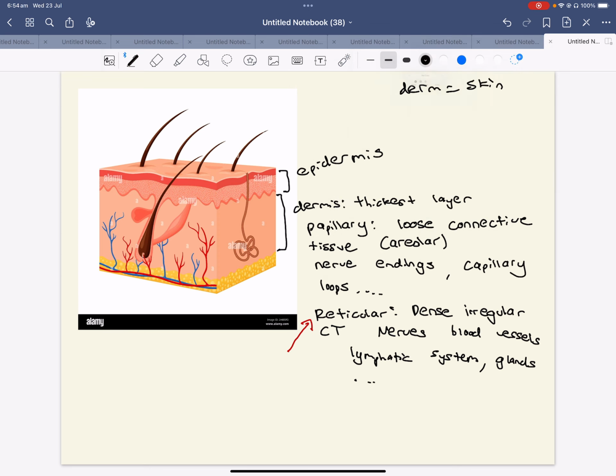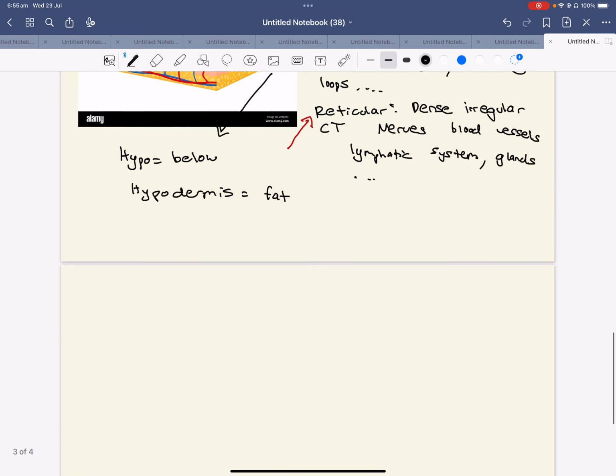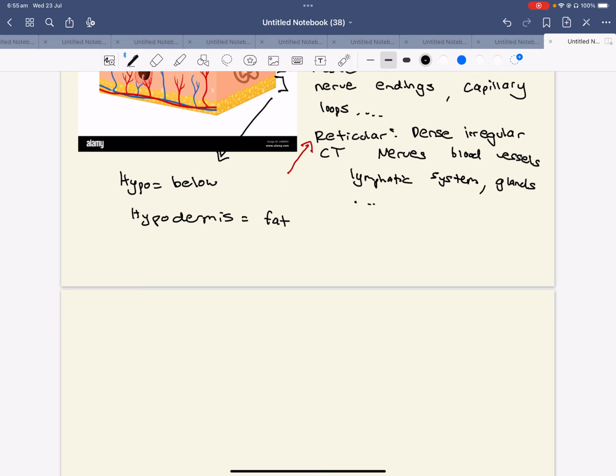Let's go to the next section. Now we've got the hypodermis. And you want, okay, hypodermis. How do I know that? Hypo means below. So it's below the dermis. So the hypodermis is below the dermis. Okay? In the hypodermis, we store fat, put it simply. And fat does really two things.